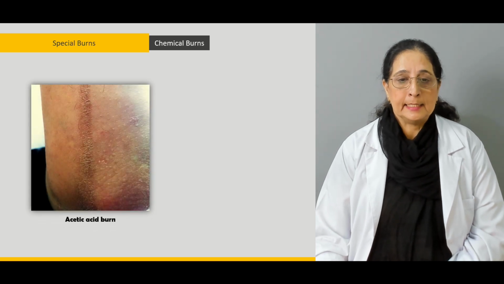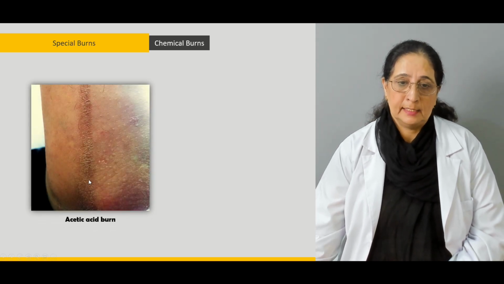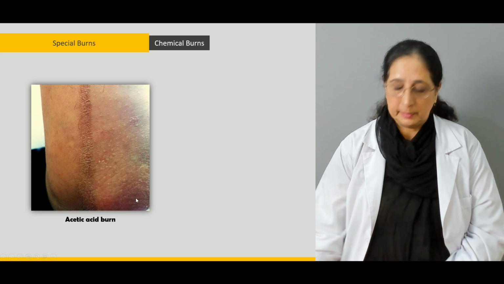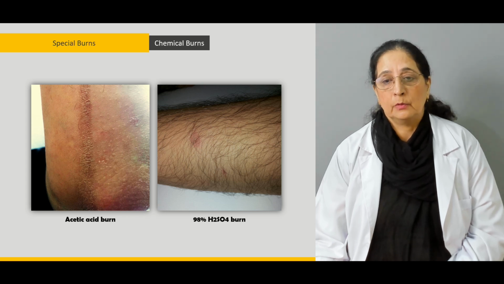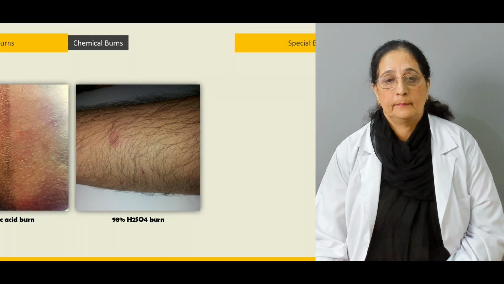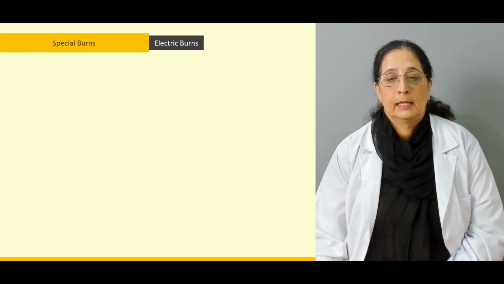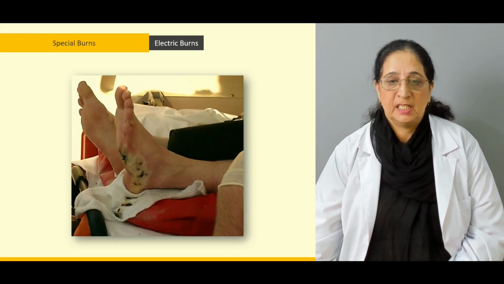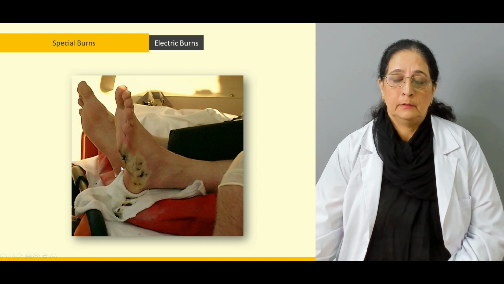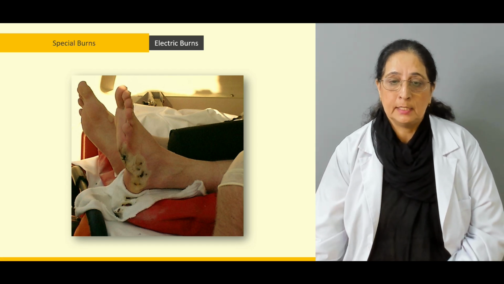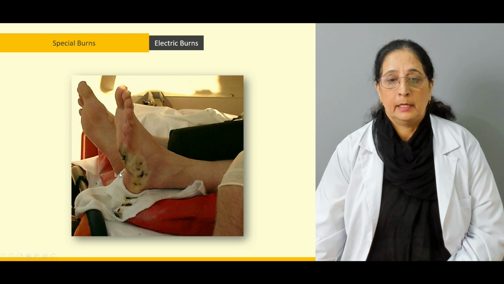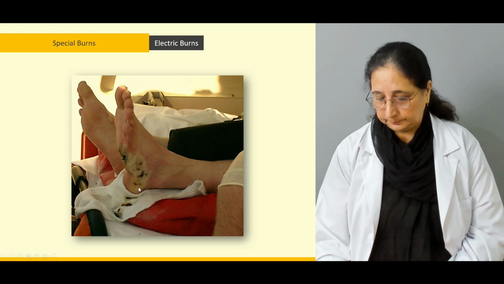Again, the acetic acid burn. 98% sulfuric acid, H2SO4 burn. Electric burn, how the patient will look with an electric burn. Usually the electric burn patient has a point of entry and exit for the electricity. So these are the electrical burns.